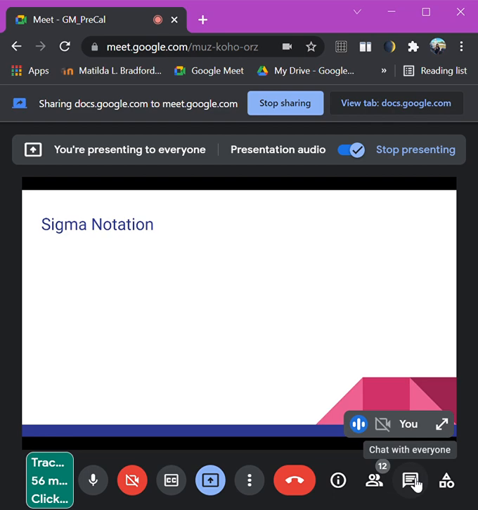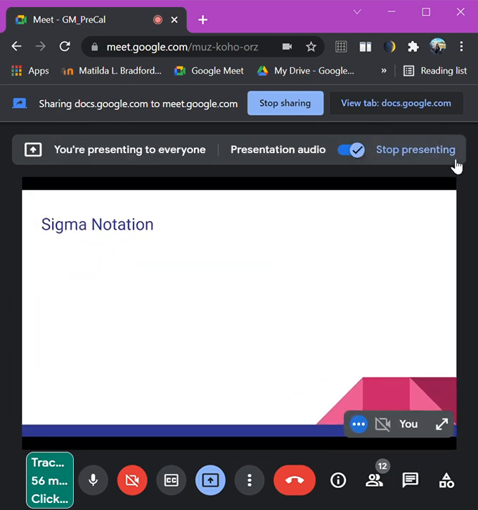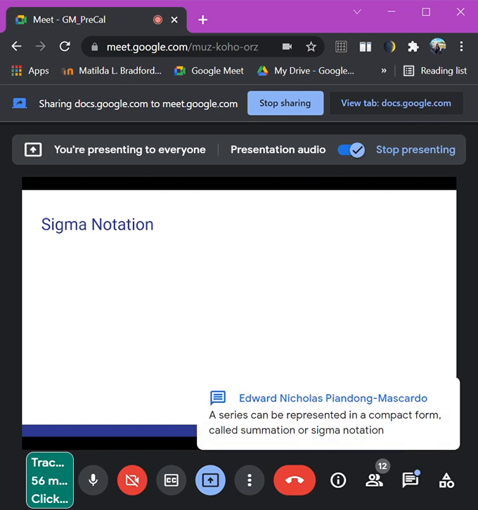Asa na to ma-apply ang sigma notation class? Sa series or sa sequence? Okay, so walay idea. Actually, for sigma notation is ma-apply siya sa ato ang series.